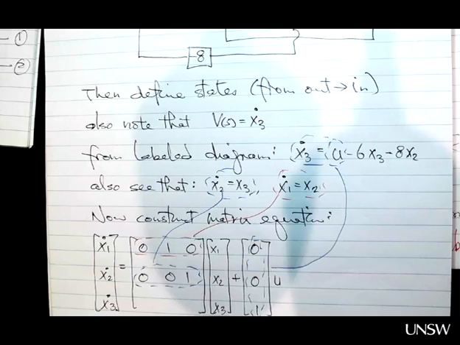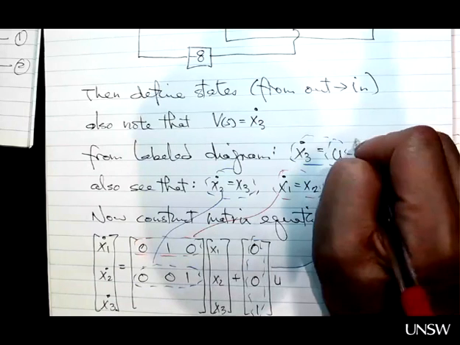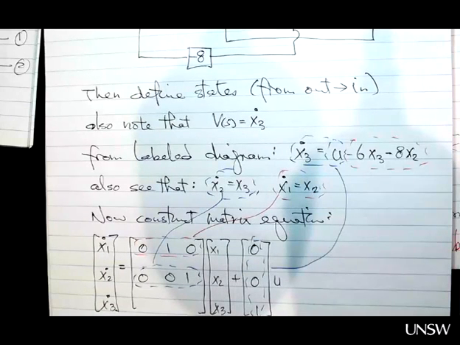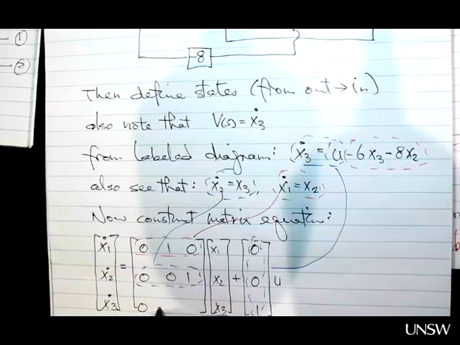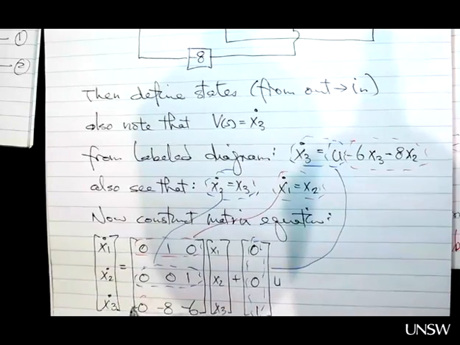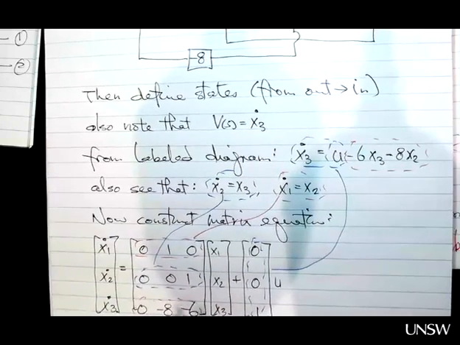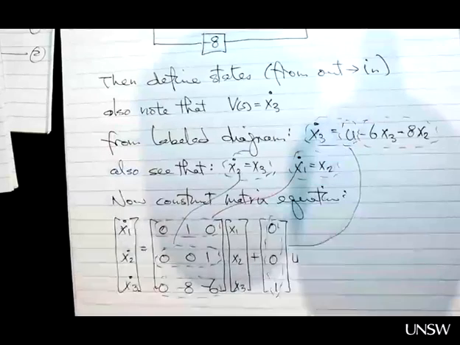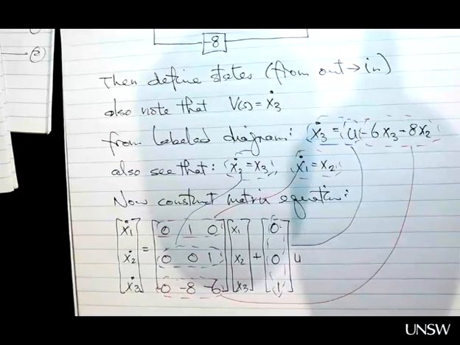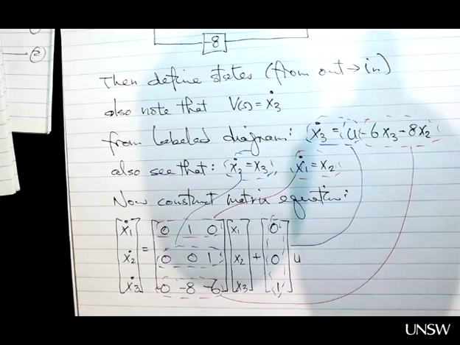And then for the other part, we have 0, minus 8, minus 6. So this is our state equation.